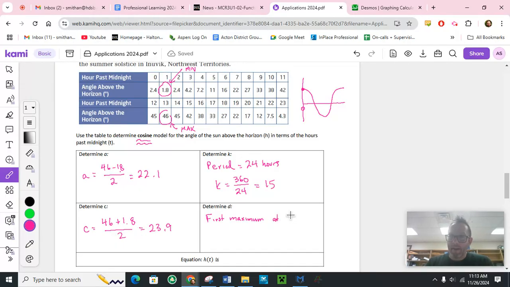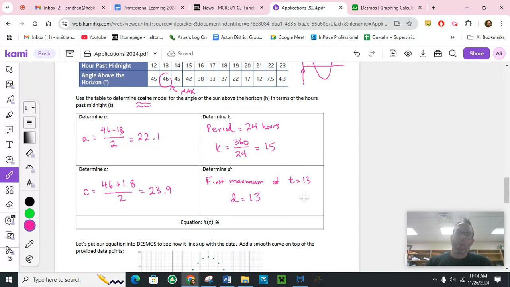Ours occurs at t equals 13. That means our cosine function has been shifted 13 units to the right. So our phase shift, d equals 13. So when we're making a model of a cosine function, we just have to think about where that first maximum is, and that's our phase shift. So it's pretty slick. And we're ready to go here.